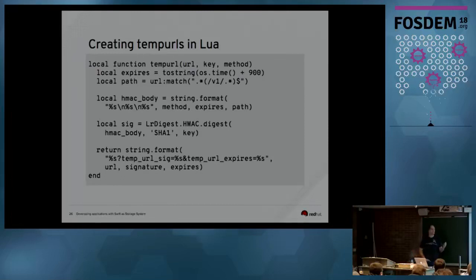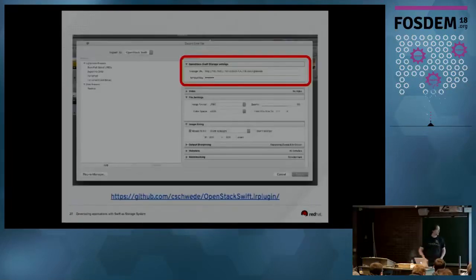So I just need to pre-compute this signed URL and reuse that. And what I've done, running at home, is a small plugin that is also available on my GitHub account, where you just use a storage URL with a temp URL key, and you can directly export from Lightroom your pictures to OpenStack Swift.